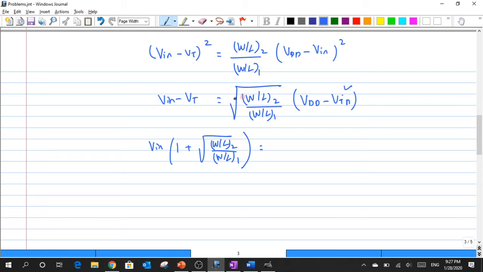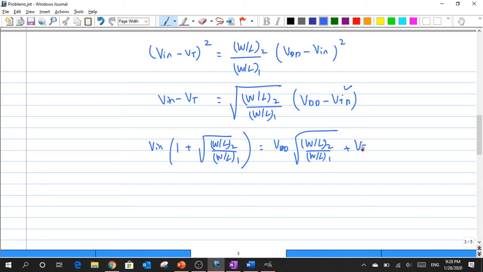And I'm just going to move the Vt to the other side with the value of VDD. So suppose VDD multiplied with this factor W by L, and then here there is a negative sign Vt. When I pass it on to the right side, it becomes a plus Vt.